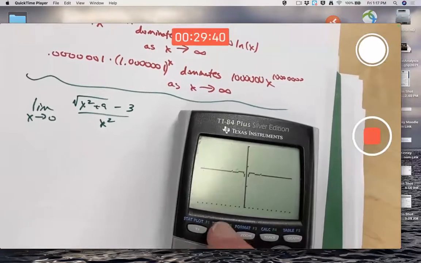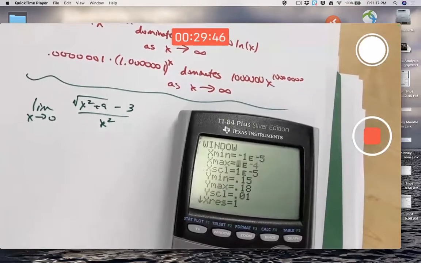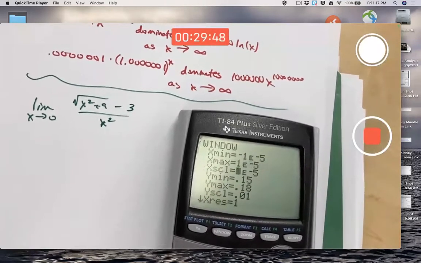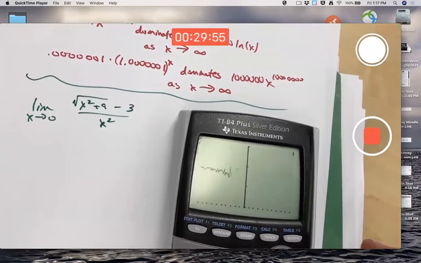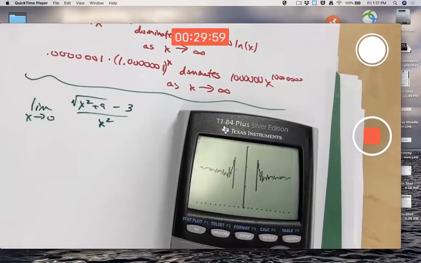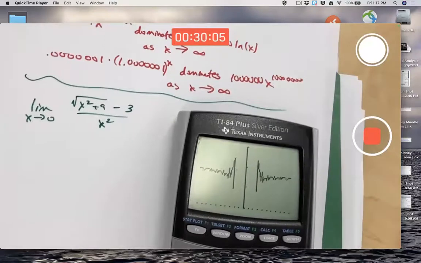Let's add one more 0. Yikes. Yeah, the calculator is having trouble too. Is that really what's going on? No, that's numerical error.